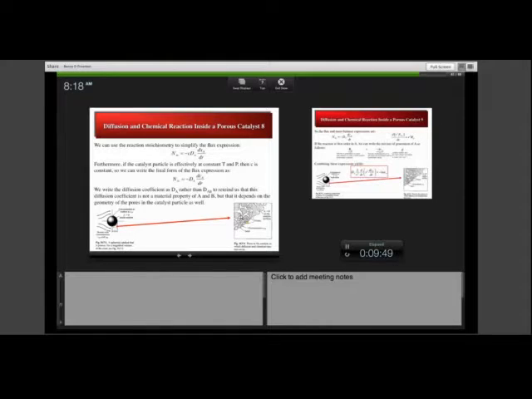So if we take, for example, the reaction stoichiometry being A to B, then on average at steady state, 1 mole of B has to leave the catalyst for every mole of A that enters the catalyst.